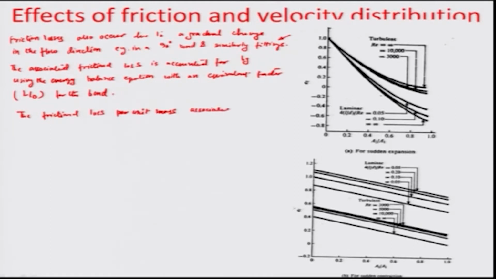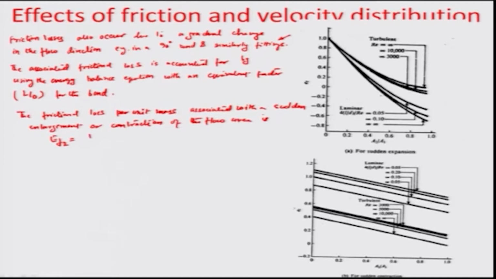associated with a sudden enlargement or contraction of the flow cross section or flow area is, let us say, EF2, just as we had EF1 for the wall friction effect earlier.